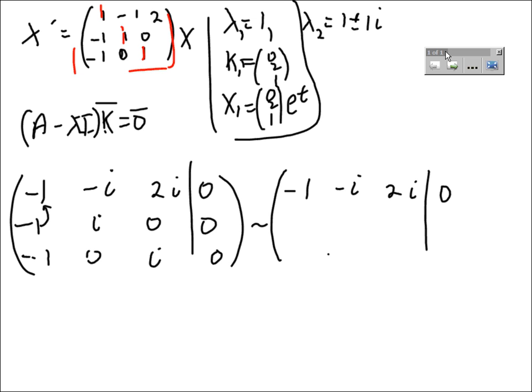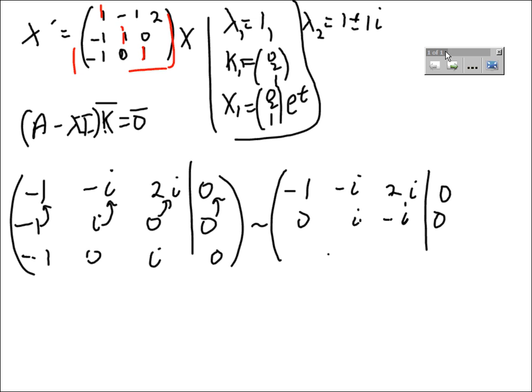That minus that is 0. That minus that is 2i. That minus that is minus 2i. 0 minus 0 is 0. Now, I can divide by 2 and I'll have 0, i, negative i.